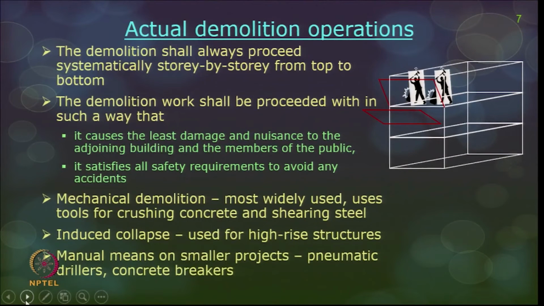Now, there are 3 types of demolition which you should know. Number 1 is manual means, number 2 is mechanical demolition, and the third one is induced collapse. And all 3 have extremely opposite characteristics. For example, manual means is very slow in bringing down a building, because you use a concrete breaker or a pneumatic breaker driller for drilling and then breaking the whole structure.